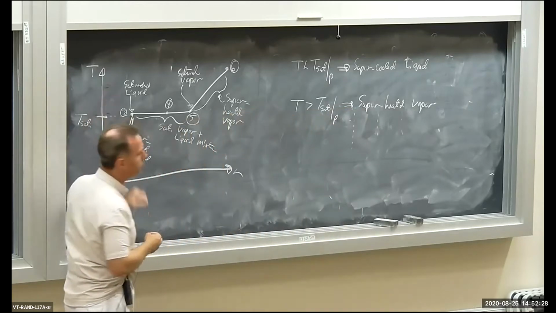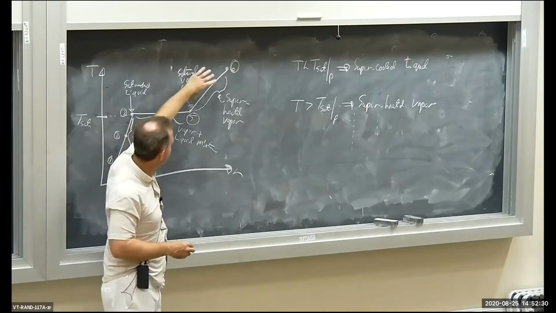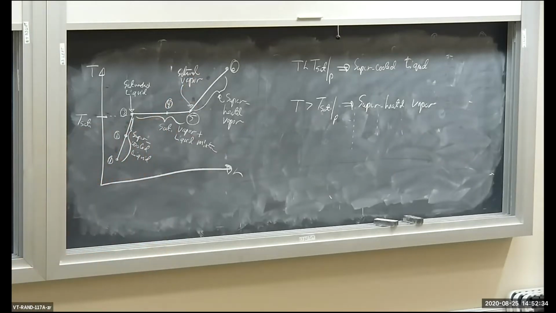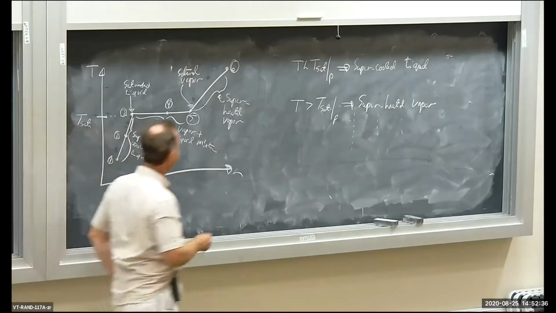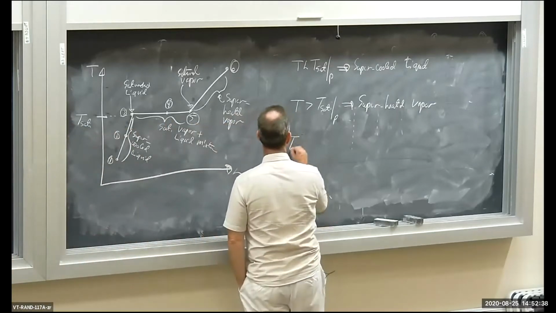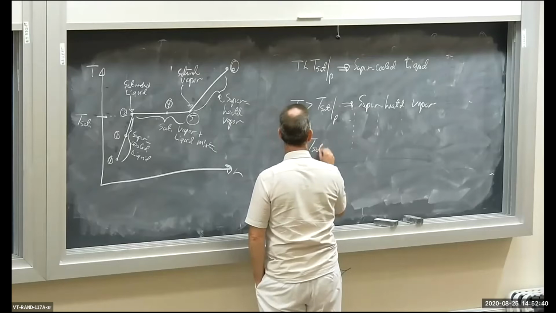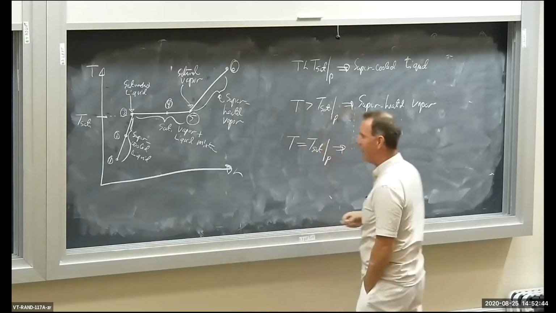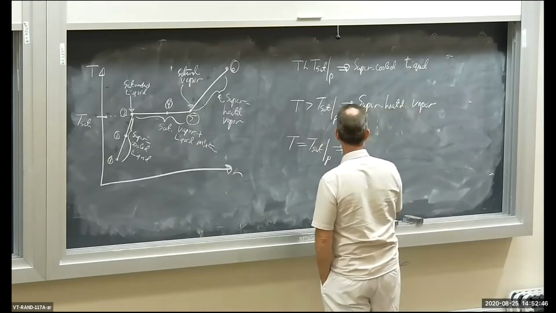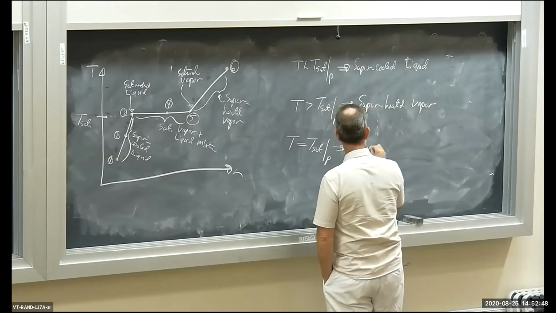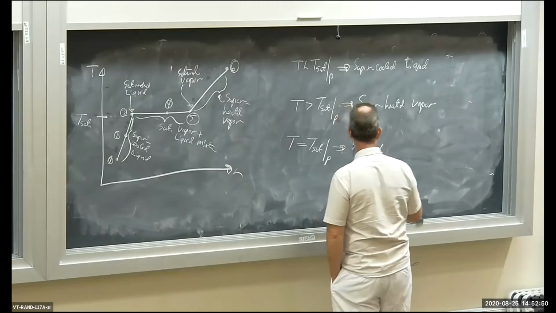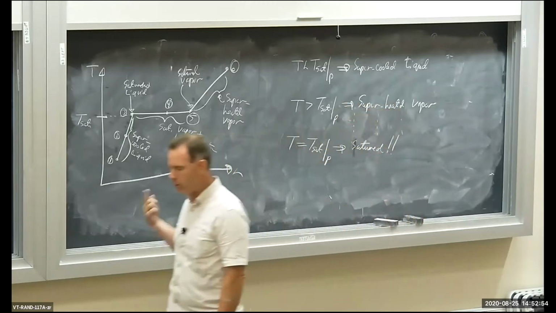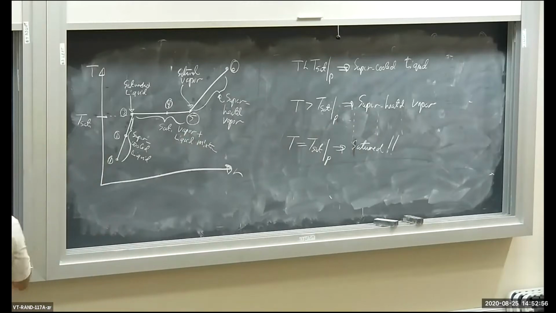Temperature above Tsat, we are in the superheated vapor part of the isobar, okay? If you're at a temperature equal to the saturation temperature, T equals Tsat, at some pressure, well, that implies you're saturated something. Could be a mixture, could be a liquid, could be a vapor, or again, a mixture, okay?